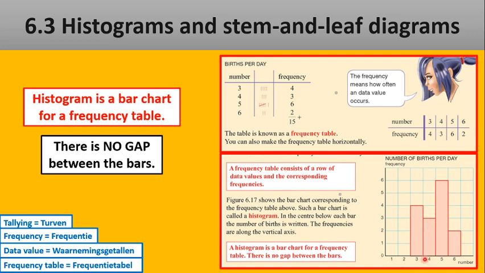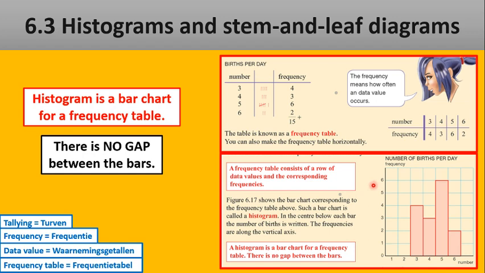Remember, if you make a normal bar chart, you have gaps in between, and with a histogram, you do not have gaps in between. And now you have numbers down below, and also the frequency on the vertical axis. So that's the difference of a histogram and a bar chart.